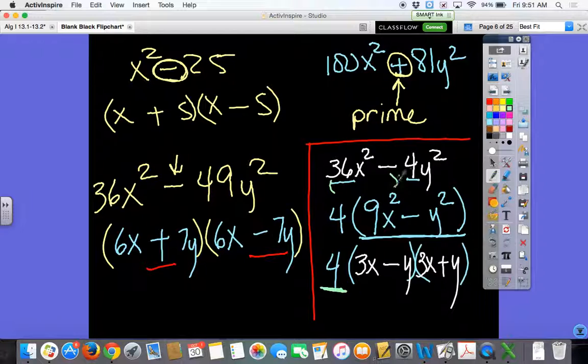So if all you did was 6x and 2y and 6x and 2y with a minus and a plus, this is not completely factored. Because if you look in here, there's a 2 hiding, and there's a 2 hiding in there. 2 times 2 gives you this 4. So pull your common term out first.